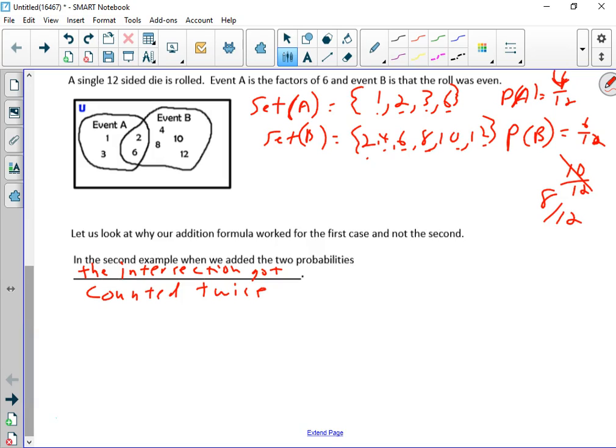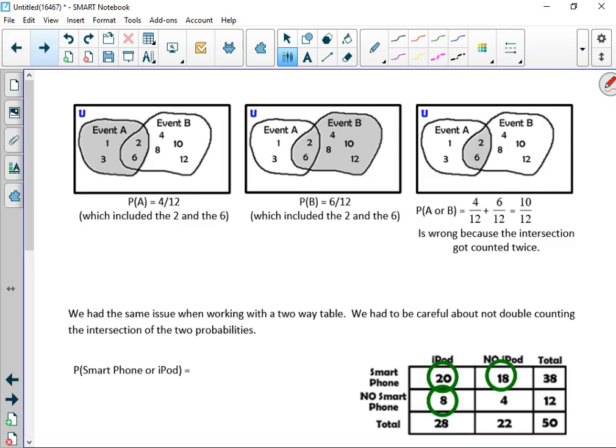Remember our two-way frequency tables when we did our OR, and we didn't want to double count one of the numbers? The probability of A is 4 out of 12, which includes the 2 and the 6. The probability of B was 6 out of 12, which includes the 2 and the 6. So this is showing why this part got counted twice.